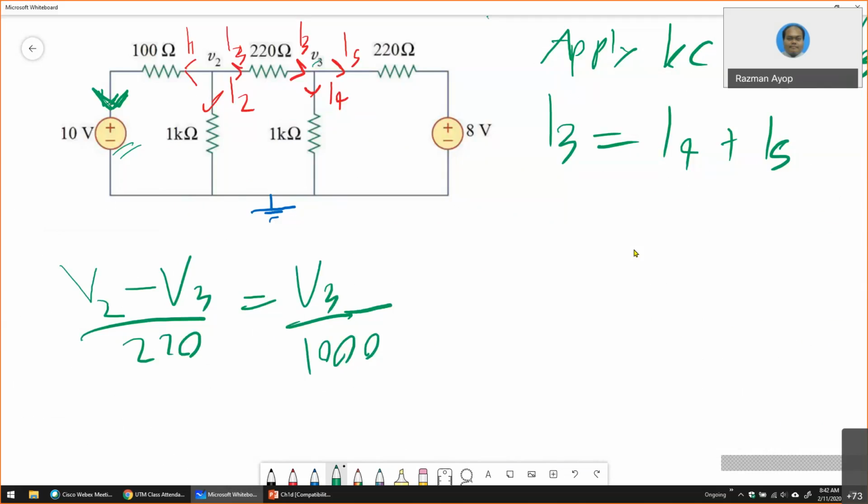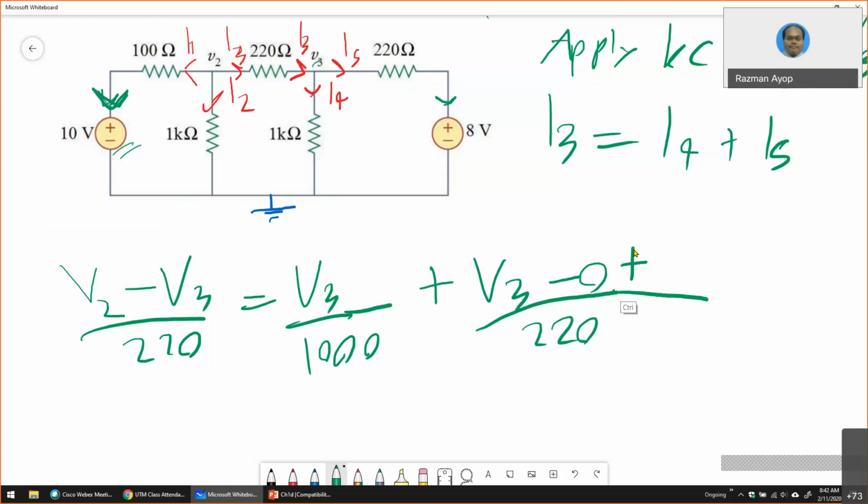So I5, the direction is from V3, okay, to 0, divided by 220, and don't forget, because there is 8 ohm and the current goes into positive, because it goes to positive, you use minus 8. So be careful, you have to invert it. So you get the expression for KCL.